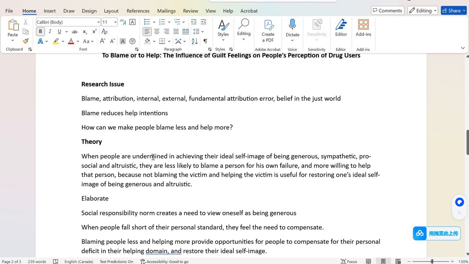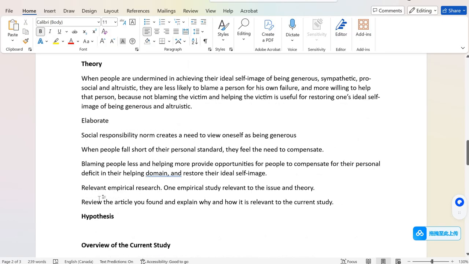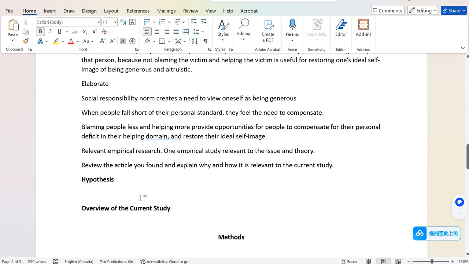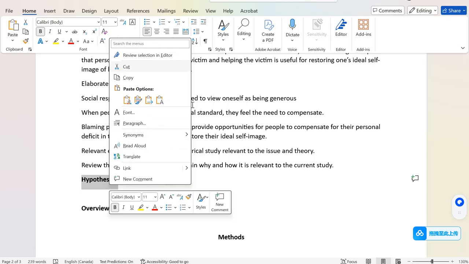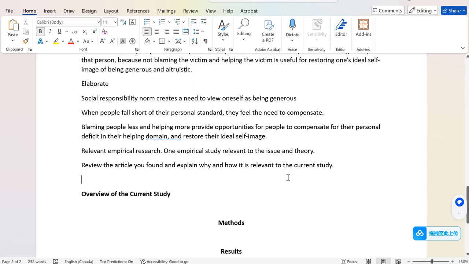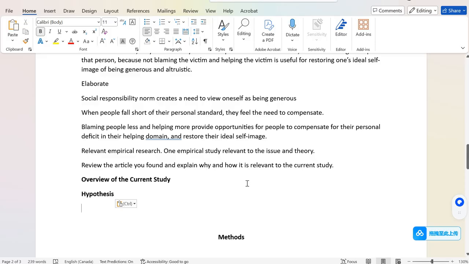After you have explained the research issue, the theory, then you are ready for the hypothesis. Or you can play around with the structure a little bit. Sometimes I want to first explain the current study and then explain the hypothesis. This order may make the flow a little bit more smooth here.